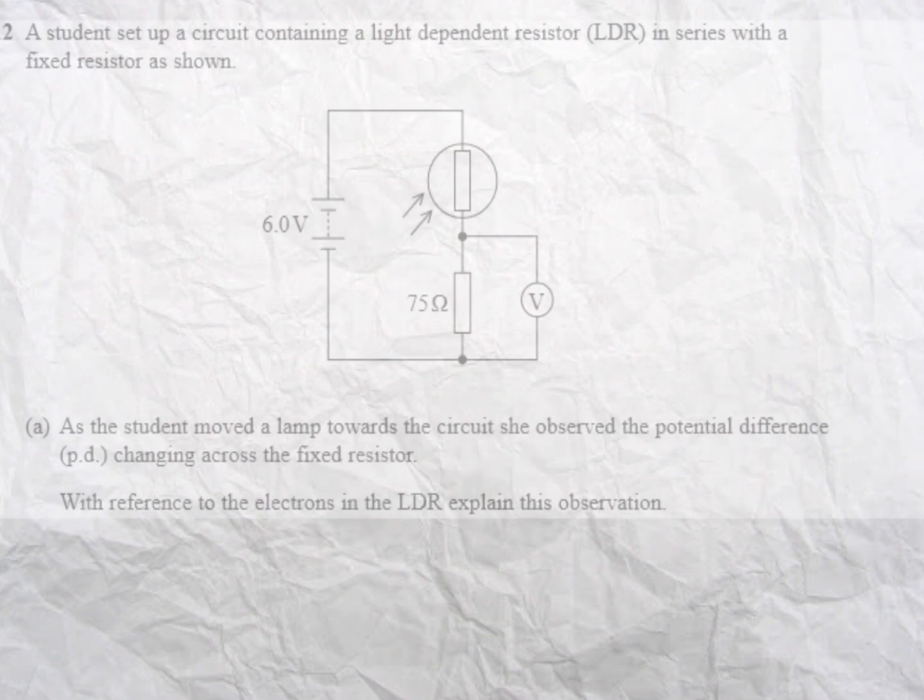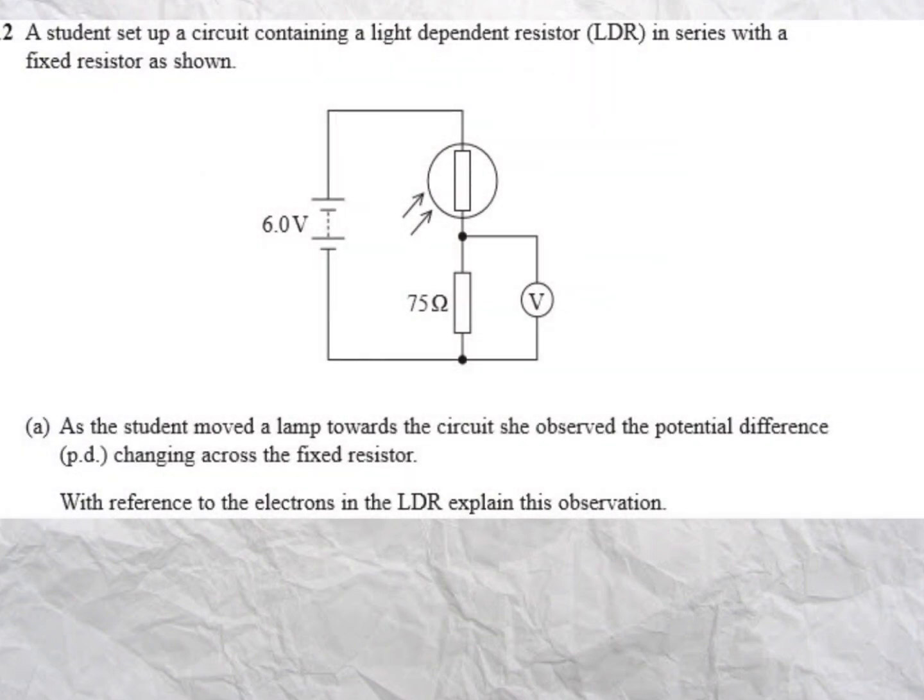Finally, question 4. This is tricky and is an example of something we need to look at called a potential divider. Let's take it steady and spot where these 5 marks might come from. Why does the voltmeter reading change? First point, there's 6 volts shared by the resistor and the LDR.